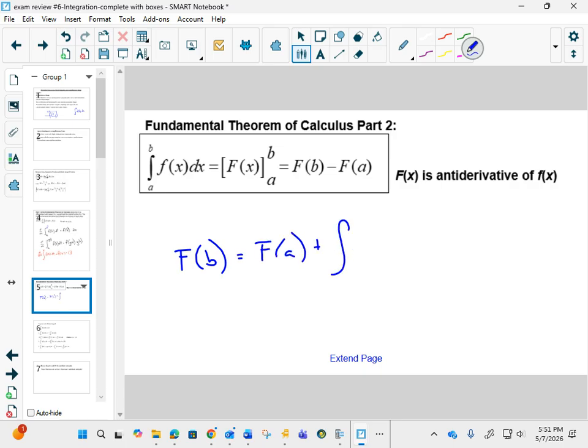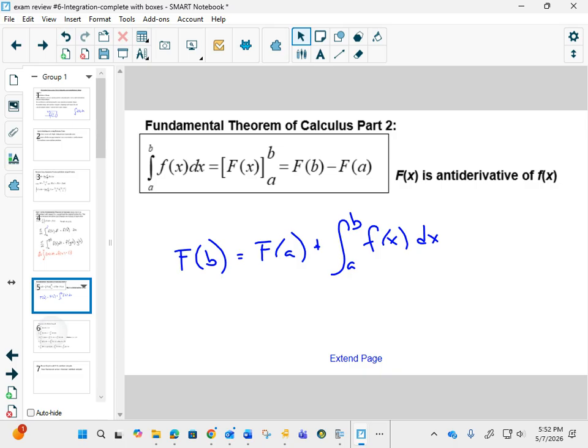We often use it like this. Can you see this is the same thing? I just moved the f of a over to this side. So f of b is always f of a plus the integral from a to b of f of x dx. So you have your starting point plus the accumulation of change will be your ending point.